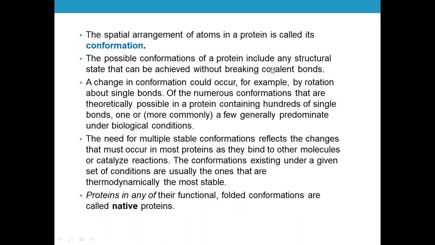So for example, a change in conformation could occur by rotation about single bonds in the structure of the amino acids, okay? And of the numerous conformations that are theoretically possible in a protein containing hundreds of single bonds, one or more, a few generally predominate under biological conditions.